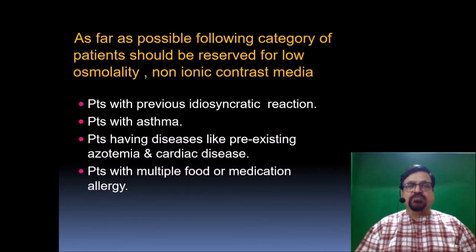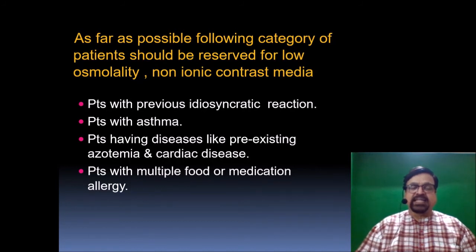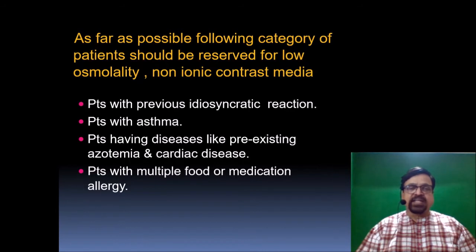As far as possible, the following categories of patients should be reserved for low osmolality and non-ionic contrast media. That is, the high-risk patients. Patients with previous idiosyncratic reactions, so we should always use non-ionic contrast in these patients. Patients with asthma, patients having diseases like pre-existing azotemia and cardiac diseases, and patients with multiple food or medication allergies.